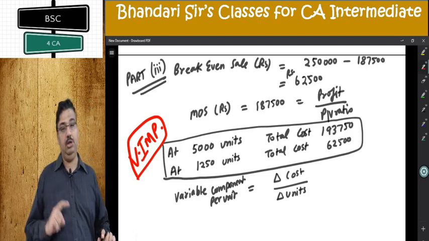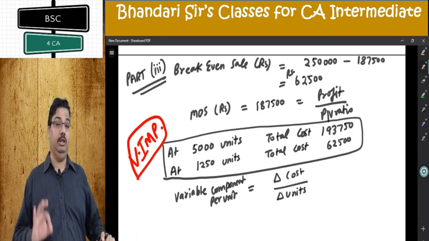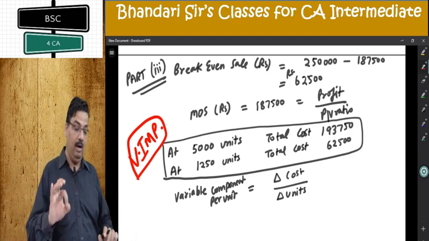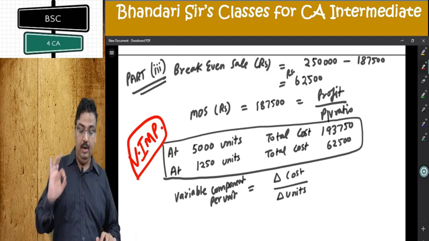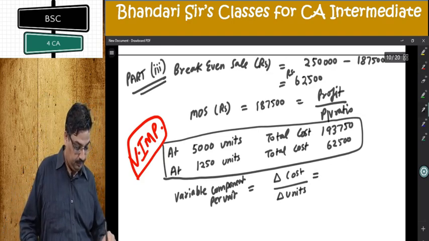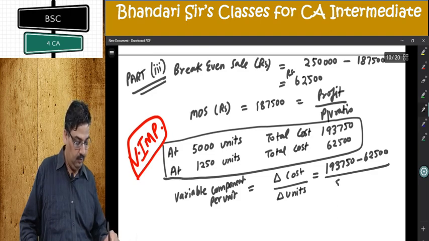At 5,000 units, total cost is given. At break-even, total cost is equal to sales revenue at that level. So sales revenue at break-even level is 62,500 and units are 1250. So I have to compute from there: 193,750 minus 62,500 whole divided by 5,000 minus 1250.